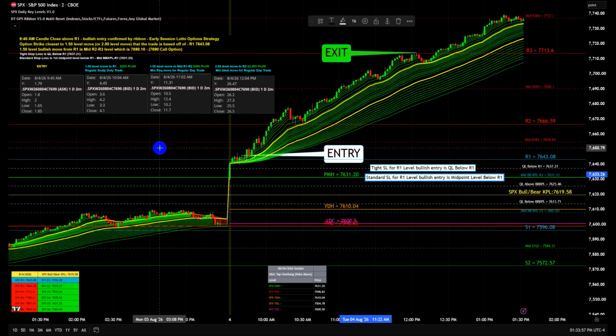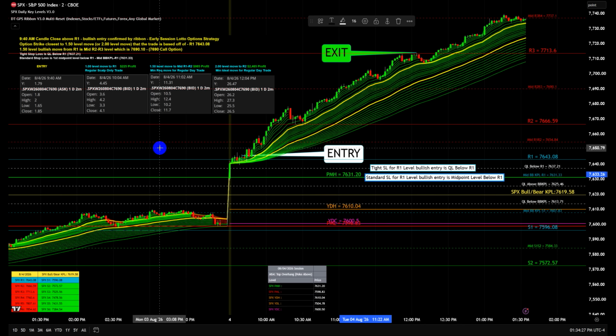However, with the early session lotto option strategy in general, you want to be out of these trades by around noonish. You don't really want to be holding on to these after lunch. If you are going to be holding on to any, you definitely need to only be holding completely de-risked runners, and that would be after you've already taken off profit on the 60 to 90%.